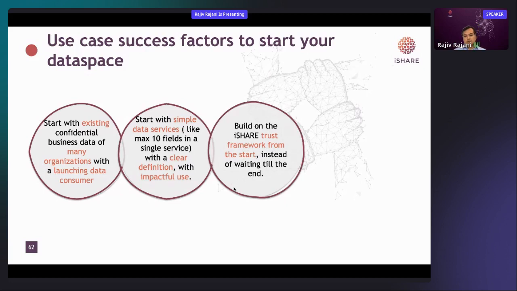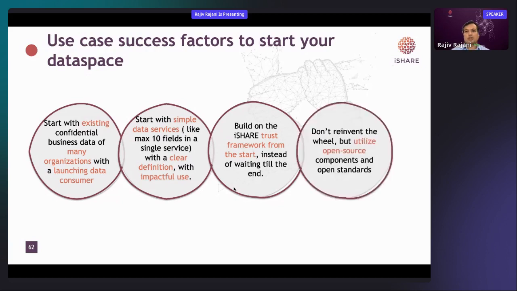Of course, use the iShare Trust Framework already so that you are covering many of the key elements of the data space building blocks. So you don't need to reinvent those wheels. Basically, that is essentially my last point. Don't reinvent the wheel, but utilize existing open source components and open standards that we are using or referring to, and build your data space based on that.